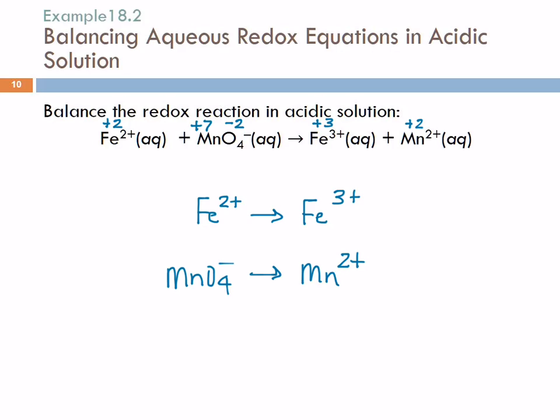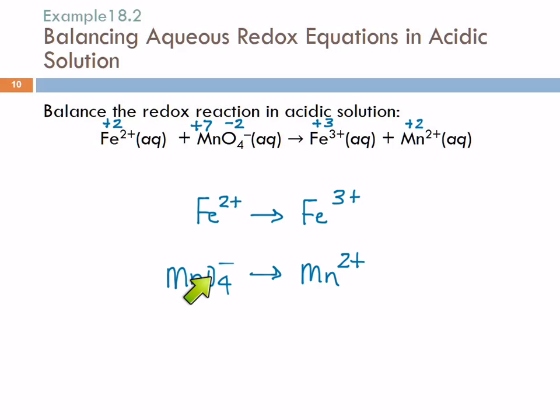Balanced with respect to mass and then to charge. So this one's already balanced by mass, 1 iron on each side. Here the manganese is balanced, but the oxygen isn't. We're going to balance oxygen by adding water.